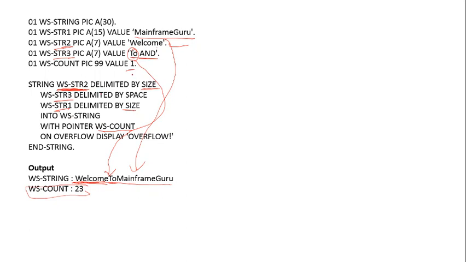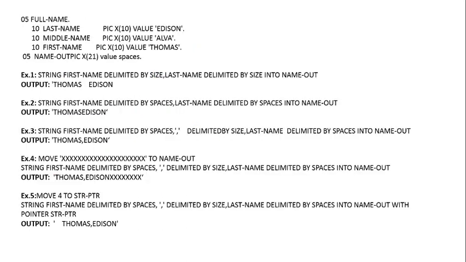And what do you understand by space? Delimited means wherever there is a space, it will delimit and 2 will come there. And same by size. And with pointer means its pointer will start from 2, with 1 given, it will start from 2, so its total length will be 23.